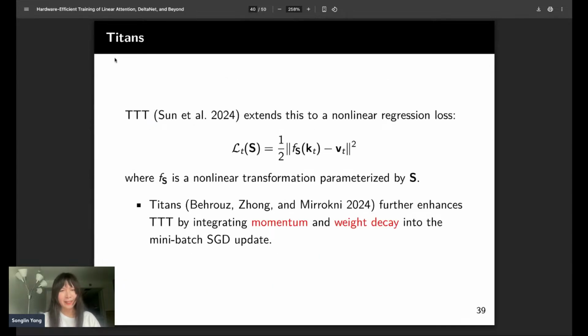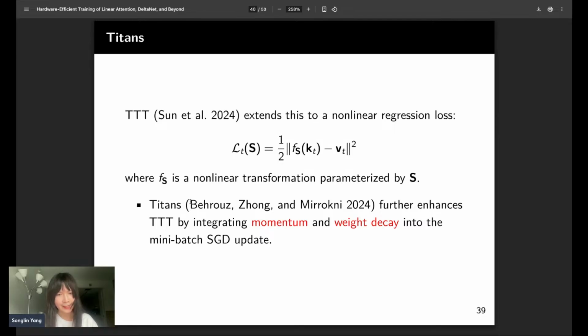And this framework has been extended to a lot of follow-up work, like Titans. They use the same objective function, and they use the same parameterization of this f_W. The only difference of Titans is that they improve the optimization technique of this gradient descent process. So for TTT, they use nonlinear stochastic gradient descent to optimize this nonlinear objective function.